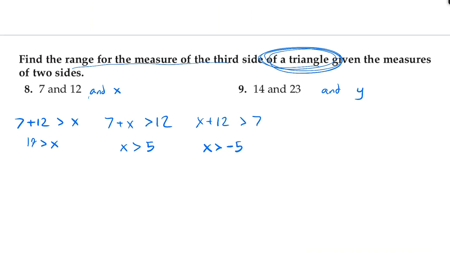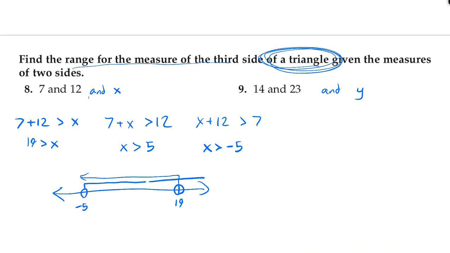All right, so now all we have to do is put this into order. So let's say we've got a number line here. I'm not going to number a lot of things, but we have a 19, and x has to be less than that. So no bubble there, can't be 19, but it has to be on this side. And then it's got to be bigger than negative 5, so here's negative 5. And it's got to be bigger than positive 5. So here's positive 5.